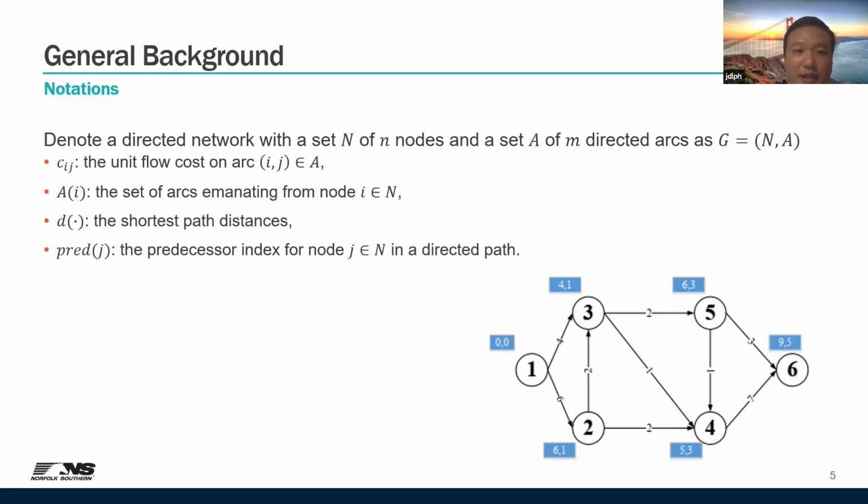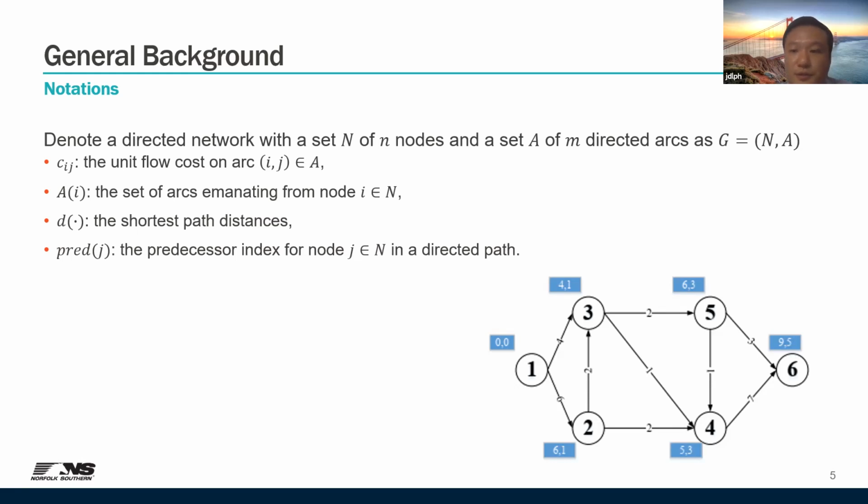And for each link, we will have the cost associated with it, represented as Cij. And for each node, we will have a set of outgoing links. And the outcome from any shortest path algorithm is basically the distance label, which tells me the distance from one point to the other point. And the other is the predecessor.